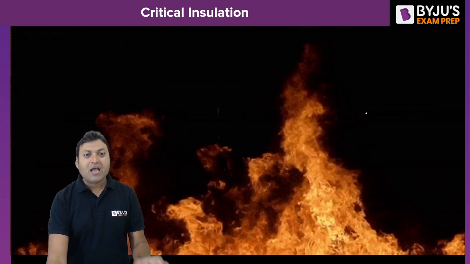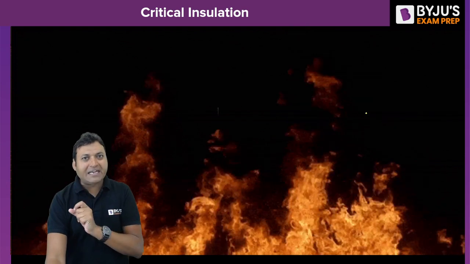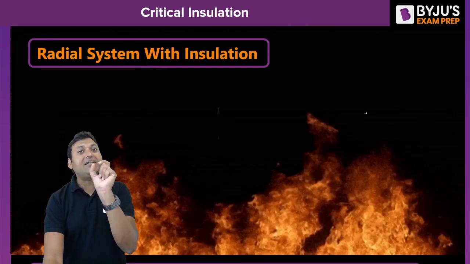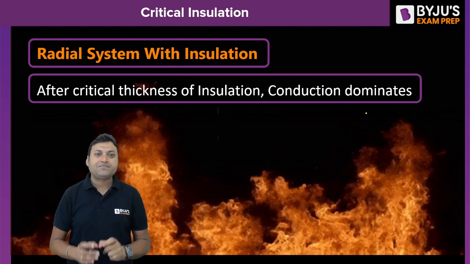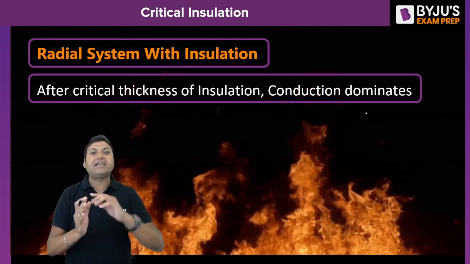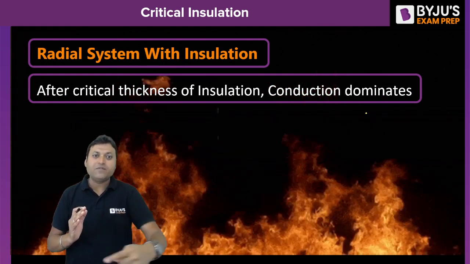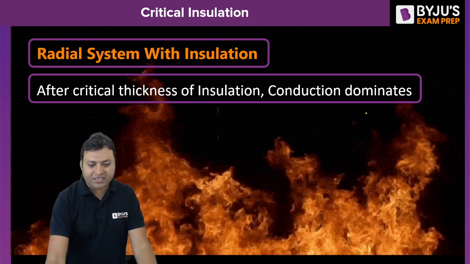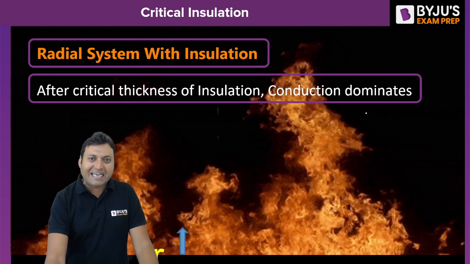After this thickness, which we call the critical thickness, the conduction term starts dominating. The effect of radial thickness will be more dominating than the effect of increasing the outer area due to increasing the insulation. So we will focus on the conduction now.